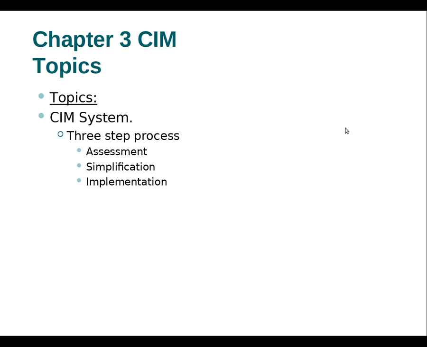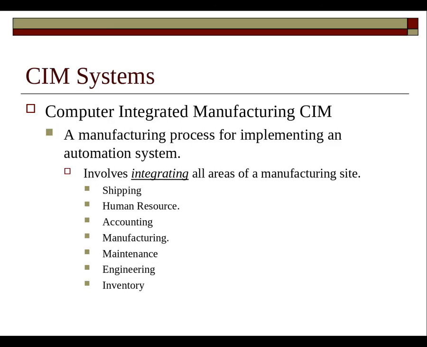All right, but to do this, if you're a company and you don't really have any automation, and you want to incorporate this idea of computer integrated manufacturing, you need to basically do three things to get this implemented. The first thing is assessment, then simplification, and of course then the implementation.